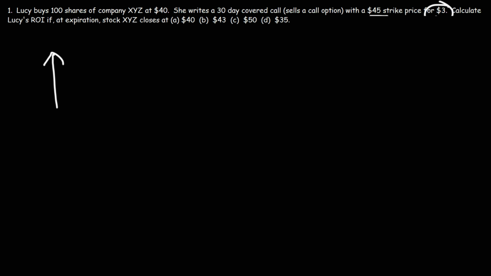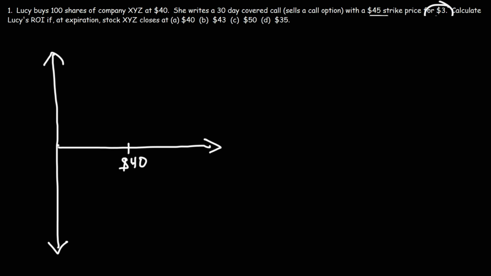So first, let's draw a vertical line and then a horizontal line. Now the first thing you want to do is put the price of the stock when you wrote the covered call. So when Lucy sold the covered call, the price of the stock was $40. The second number that you want to put in is the strike price.